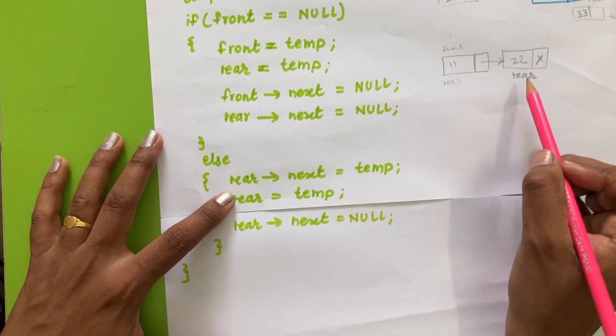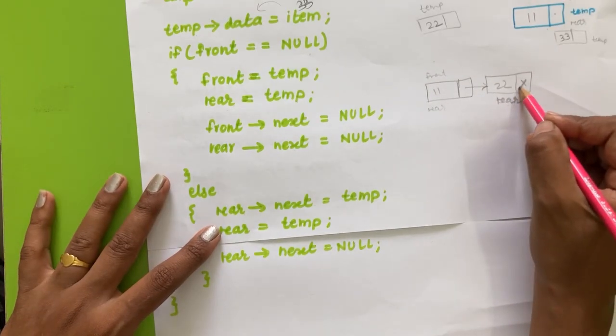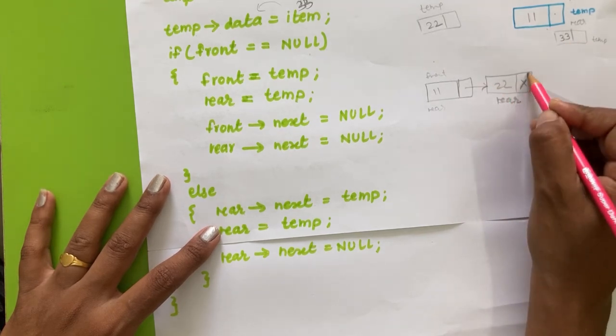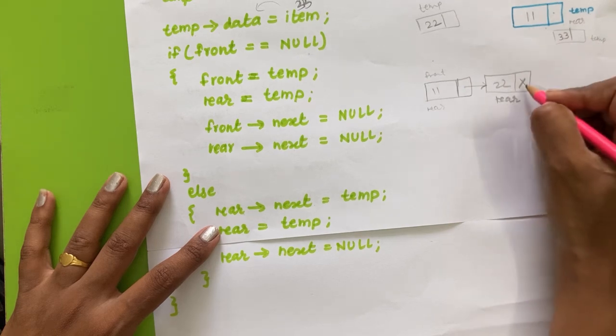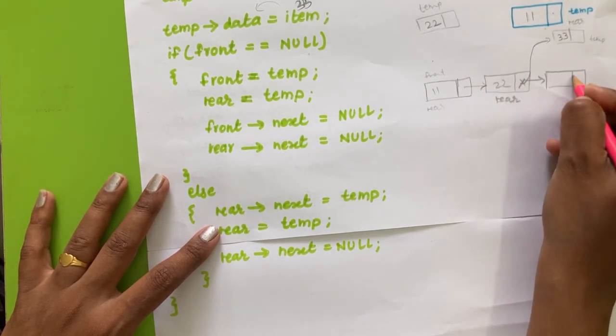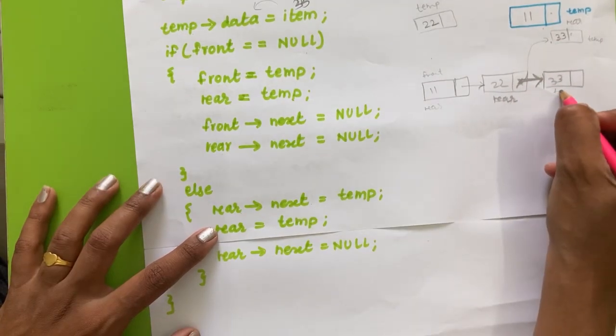So now it will go into the else part. Now this is my rear node, and we have to connect this rear with the new node. So this rear will point to the temporary node. So it will look like this: now this is pointing to the temporary node.